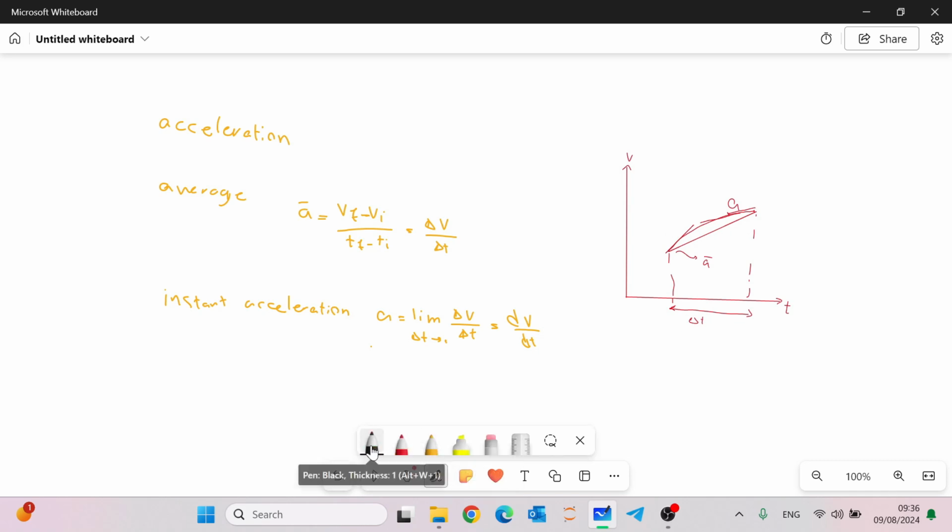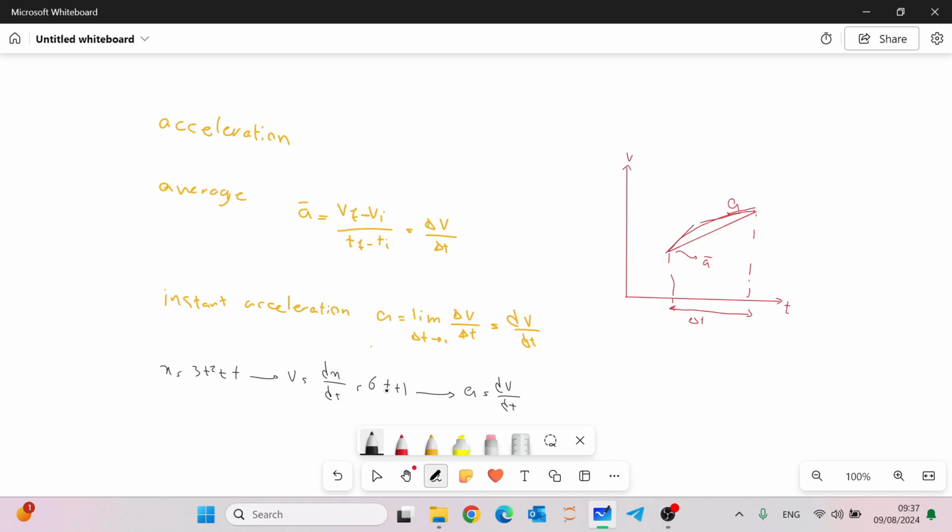For example, in my discussion, x was 3t squared plus t, then v equals dx over dt equals 6t plus 1. Then I can also calculate instant acceleration as dv over dt.